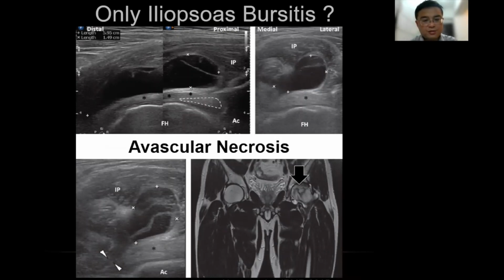So if you find the patient has lots of effusion inside the iliopsoas bursa, you have to consider the possibility of hip joint arthropathy, for example, avascular necrosis of the femoral head.